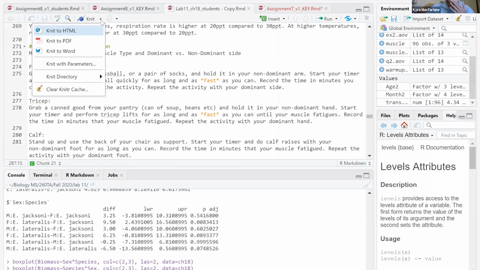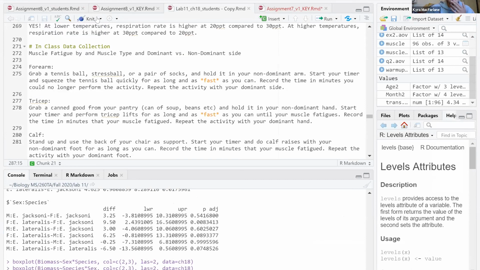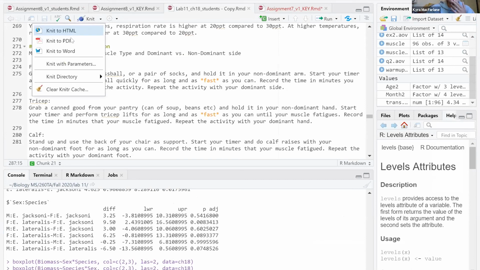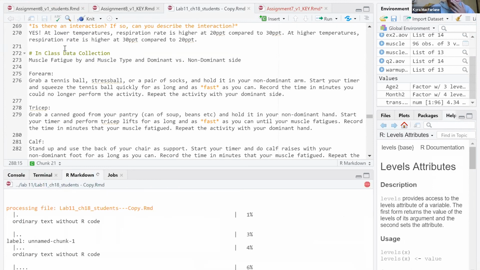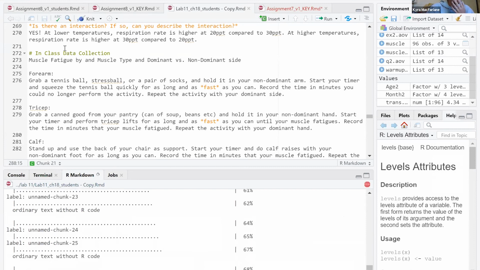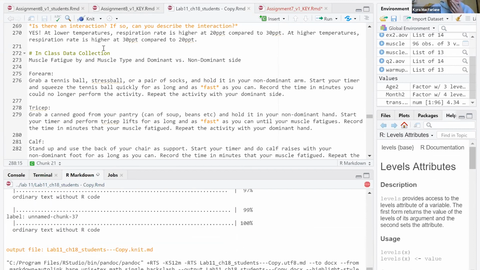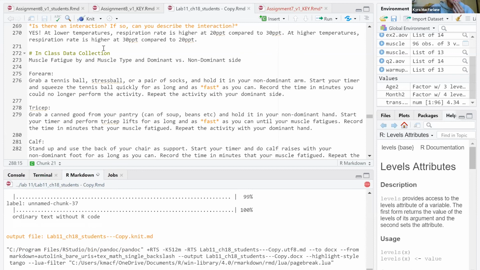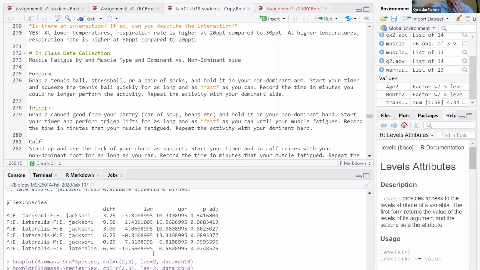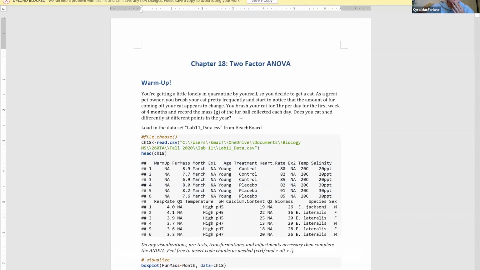I think, yeah, if you click on this arrow, you can choose which one you knit it to. I think that knitting to an HTML is probably the easiest one, but maybe not. It's the only one that I've really done. Let's see, hopefully it'll open. Oh, it did. Cool.